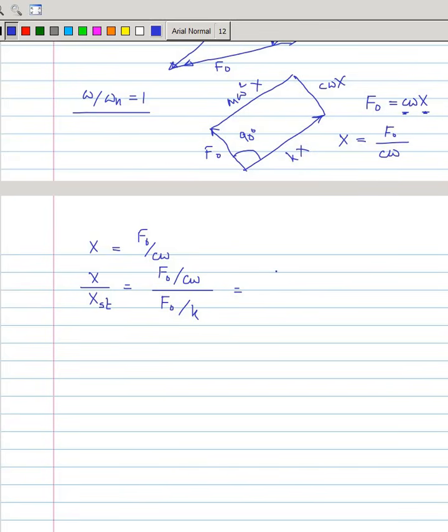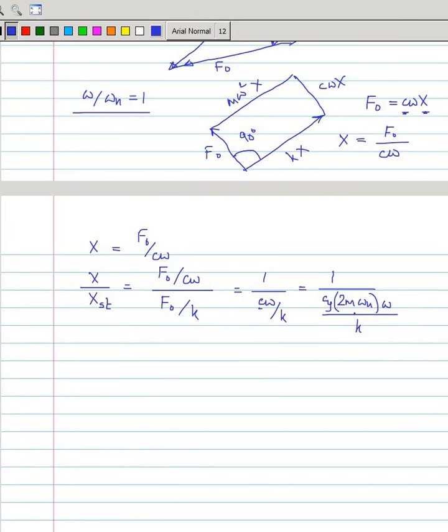So this is k by, or rather, 1 by c omega by k, and c is psi into cc, and for cc we can put twice m omega n. So for c, psi twice m omega n, twice m omega n being cc, then omega by k.